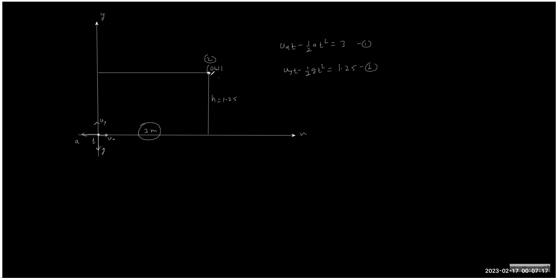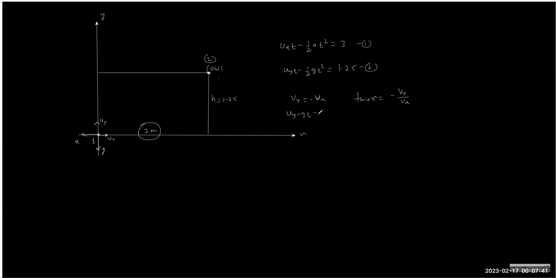Then there is a condition given that it is hitting downward, which means Vy equals minus Vx. Tan 45 is how much? When you are hitting in the downward journey, put a minus sign, because it will be negative. Tan 45 is 1. So Vy is how much?